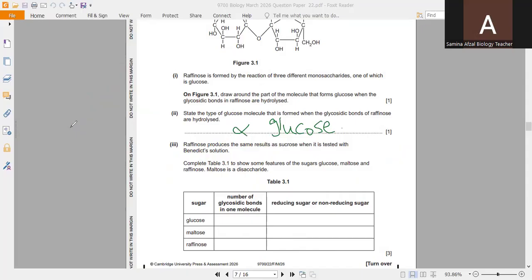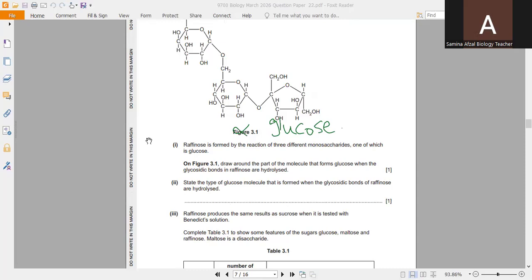And how can you say that this is alpha glucose? Go to figure 3.1, and you know in alpha glucose the OH group is in the downward direction. So looking at the middle ring, the glycosidic bond from carbon 1 projects downward to connect with fructose.